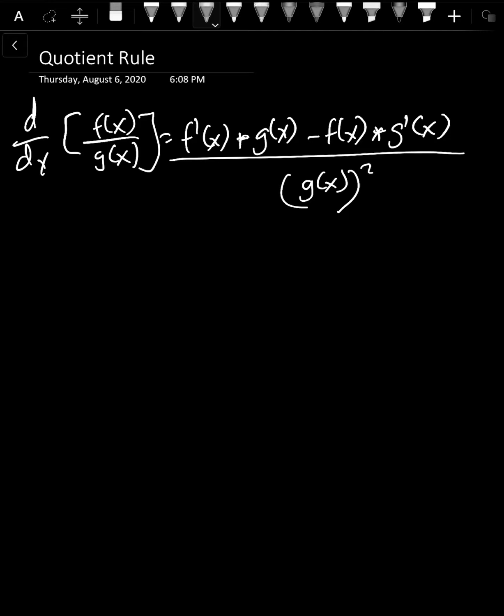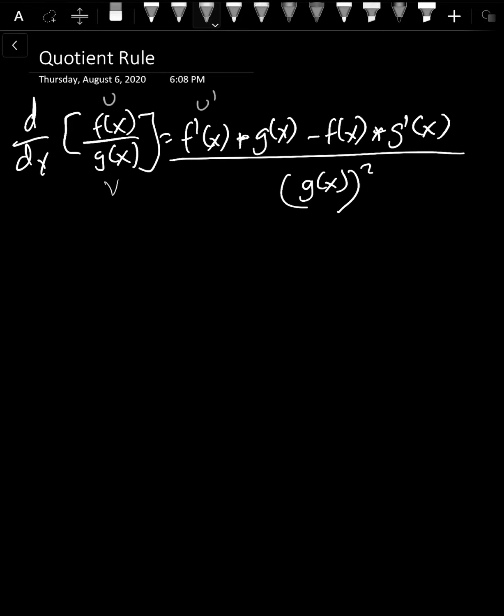Before we start with our first example, let's classify each of the terms. For example, f of x with u and g of x with b. I'm doing this just to make it easier for you guys. That way you don't have to use the same term twice, like f of x or g of x twice.